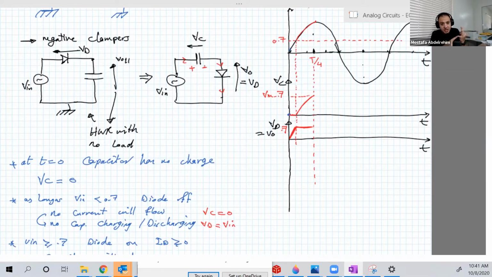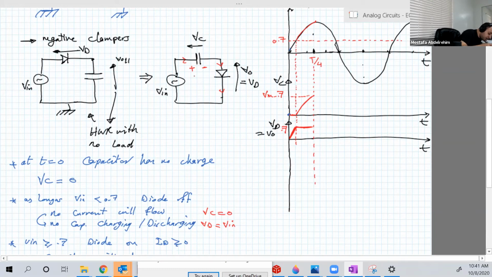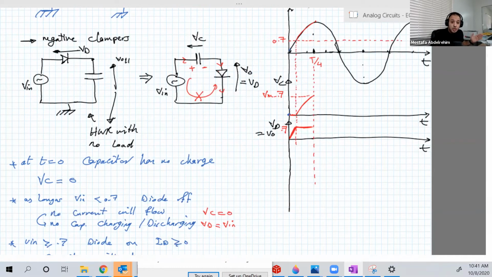The capacitor has three options. It charges again. This does not happen because the source has input less than the capacitor voltage. The second possibility is that the capacitor will discharge, but this is also not valid, because it would discharge in that way, which is wrong because the diode cannot permit current flowing from N to P. So we said at that time that the only valid option is that the capacitor will keep its voltage constant, with no charging or discharging.